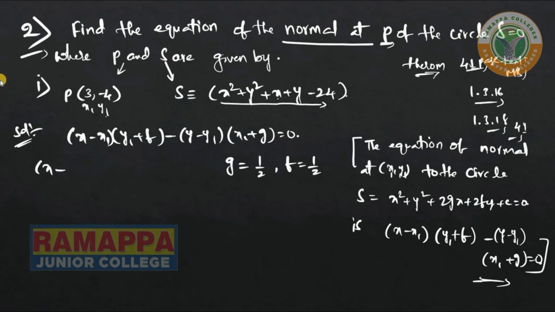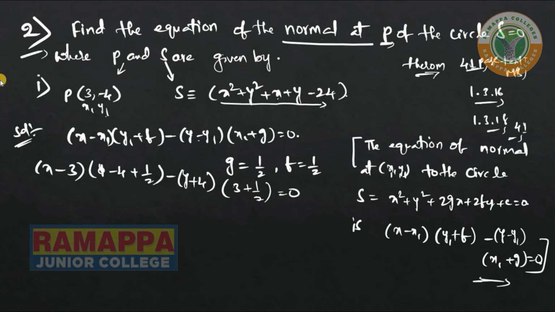x minus x1 is x minus 3, and y1 is minus 4, plus f is 1 by 2. Then y minus y1 is y plus 4, into x1 is 3, plus g is 1 by 2, plus 1 by 2, is equal to 0.